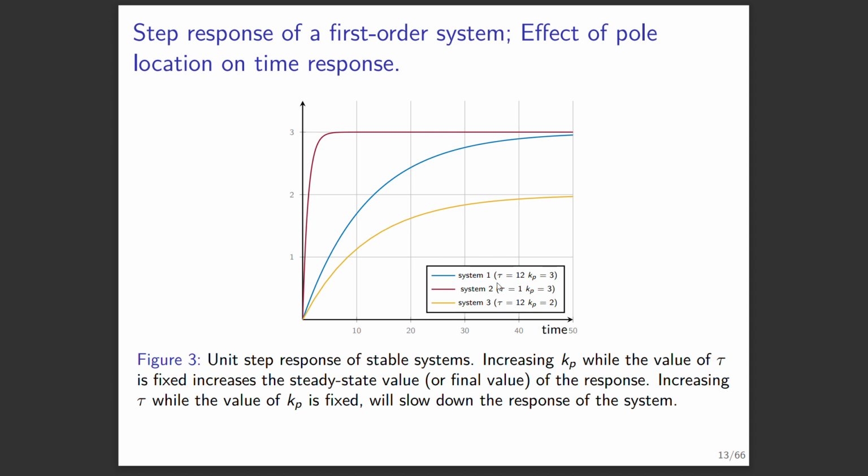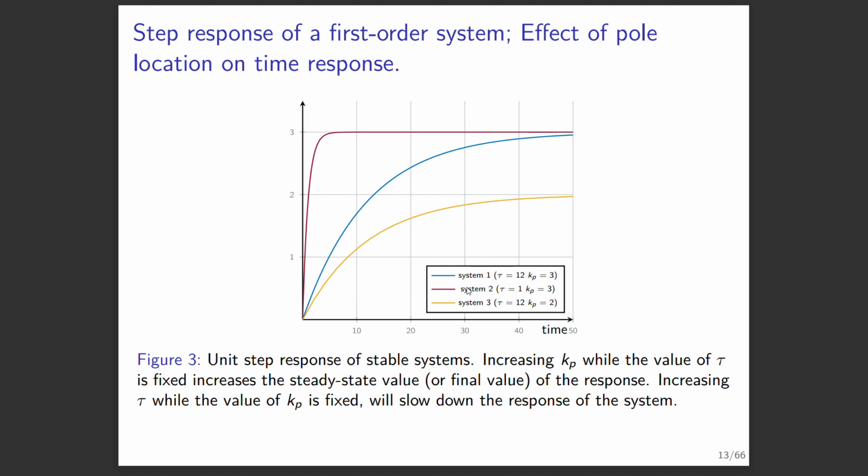We want to see what happens if we change tau and Kp. What happens if we keep the gain constant but change the time constant. So gain is 3, but I have increased tau from 1 to 12. Let's see what happens.